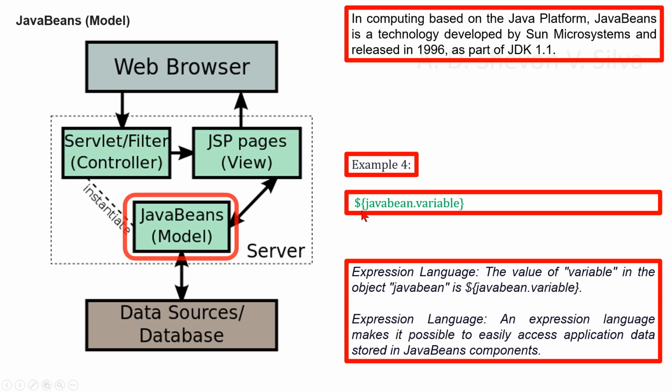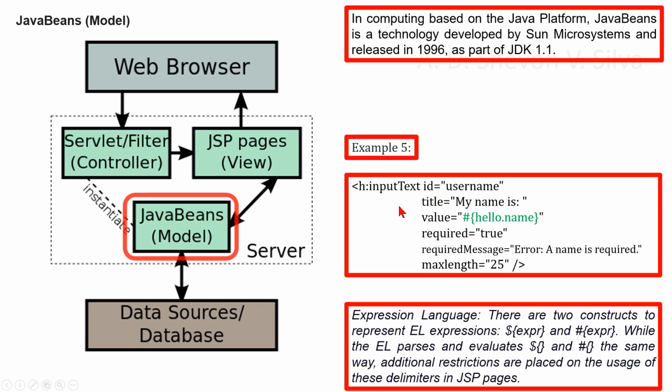Here $, open curly brace, JavaBean dot variable, closing curly brace. The value of the variable in the object JavaBean is this one. The expression language makes it possible to easily access application data stored in JavaBeans components.